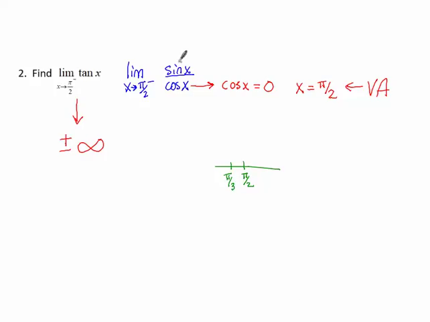So, plugging pi over 3 into the numerator, sine of pi over 3, and into the denominator, cosine of pi over 3. Remember, I'm not looking for values, I'm just looking for signs. Sine of pi over 3 is positive, cosine of pi over 3 is positive, and a positive divided by a positive is a positive. Therefore, I know that my limit is positive infinity.